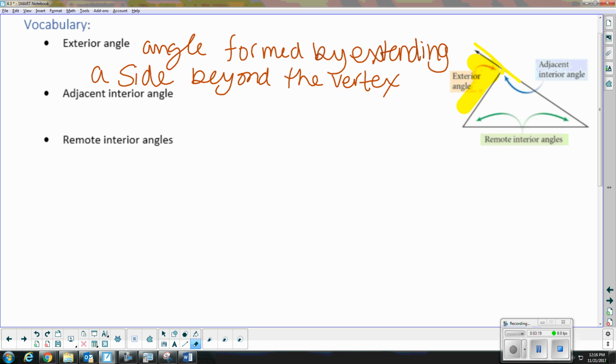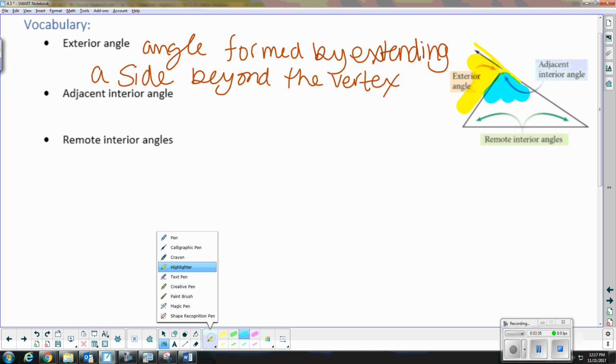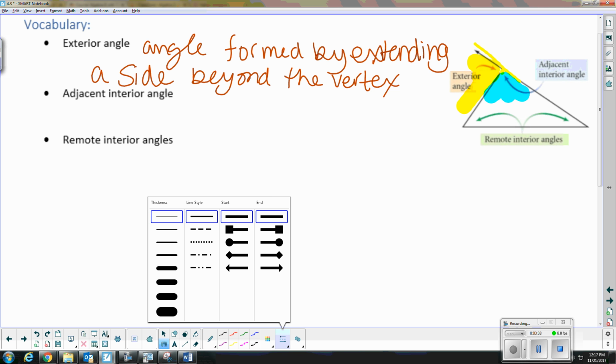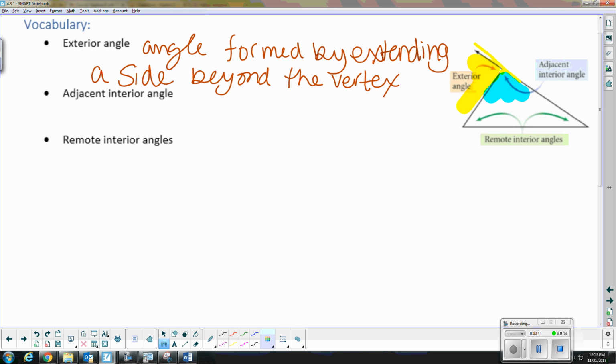Okay, the second term is adjacent interior angle, and you can see that here. This angle is the adjacent interior angle. So the adjacent interior angle forms a linear pair with the exterior angle. It's going to be inside the triangle, but it's going to be right next to the exterior angle.